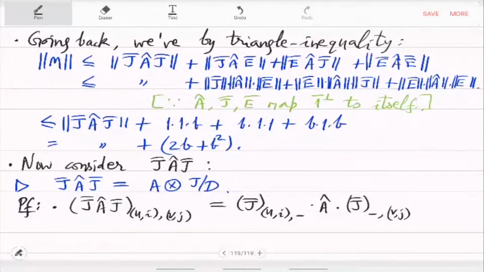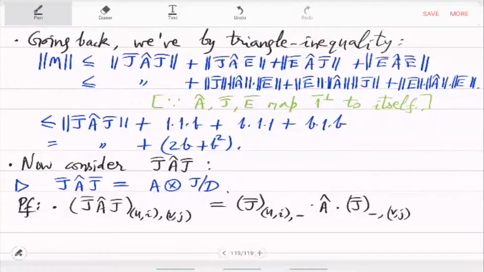Right? But this row and column is simply, what was it? J bar was identity tensor J by d. Yeah, so these entries are just 1 by d in the block diagonal locations, in the block matrix representation.